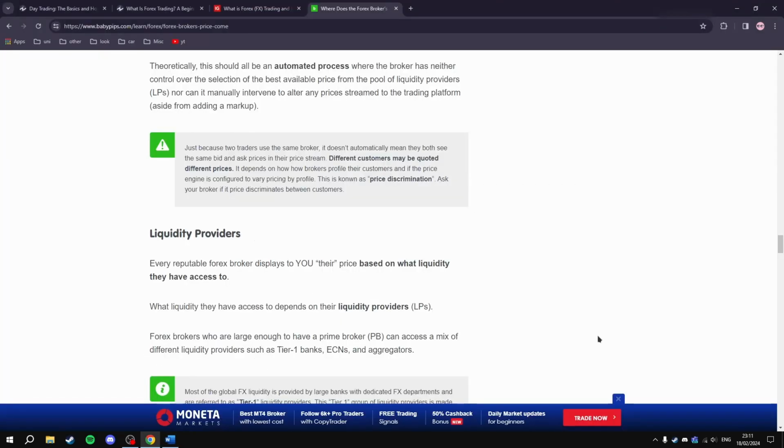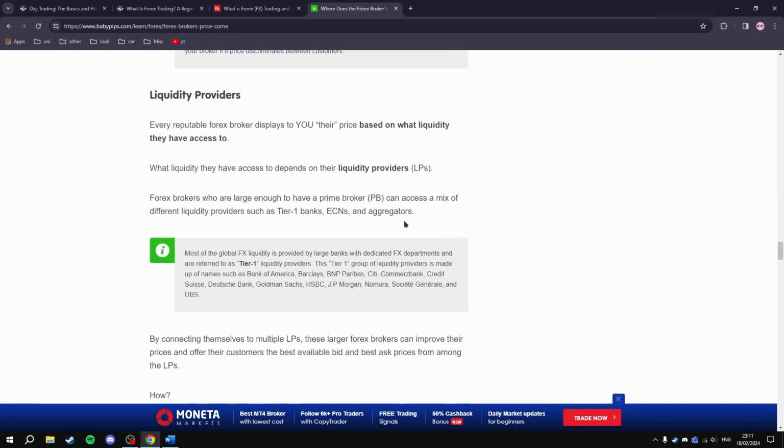Liquidity providers. Every reputable forex broker displays to you their price based on what liquidity providers they have access to. What liquidity they have access to depends on their liquidity providers. Forex brokers who are large enough to have a prime broker can access a mix of different liquidity providers such as Tier 1 banks, ECNs and aggregators.